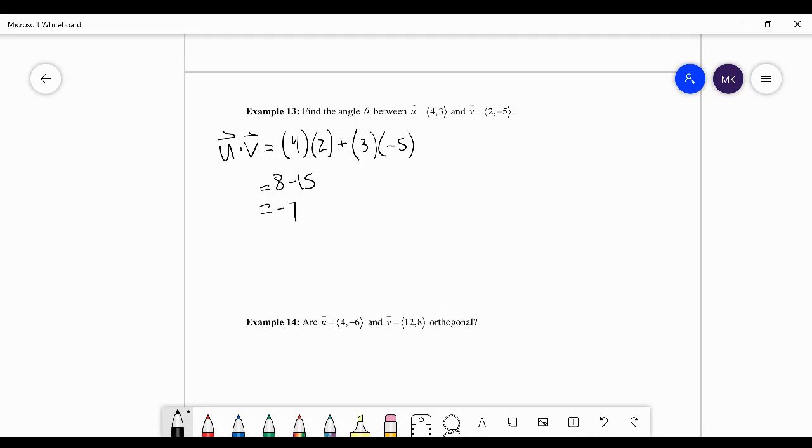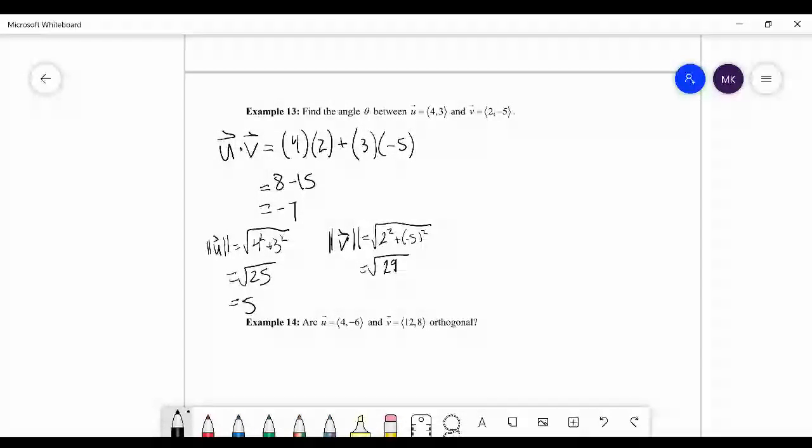Now the magnitude of vector u is the square root of 4 squared plus 3 squared, which is the square root of 25, which is 5. The magnitude of v is the square root of 2 squared plus negative 5 squared, which is the square root of 29. And that doesn't give us anything nice, so there it is.